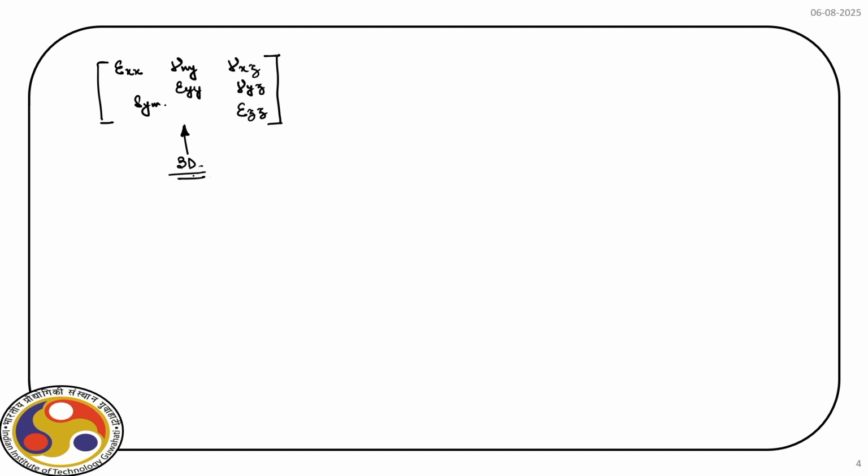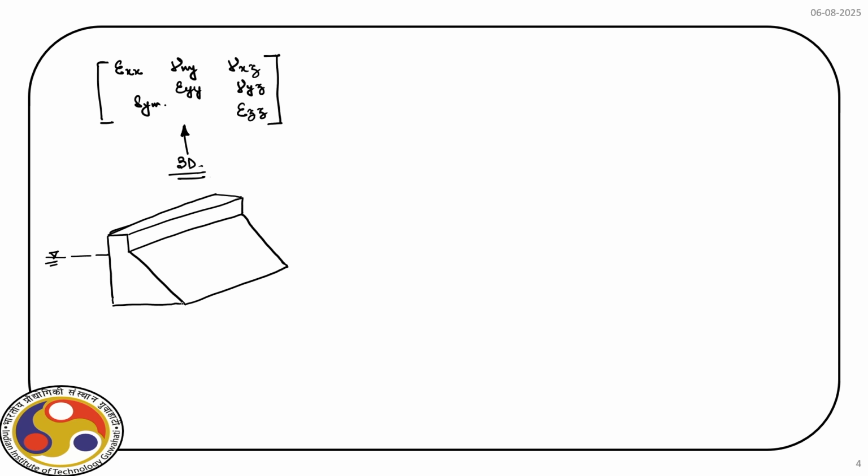But in some cases, again we can reduce the problem size. For example, very often we encounter this type of structure, say a dam. So, we have a dam and on this side we have water, right. Now, this is a schematic diagram of the dam.